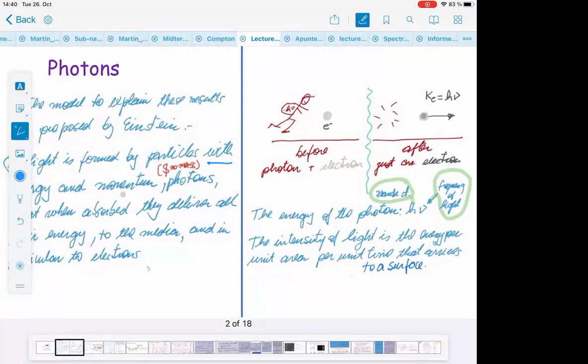Okay. So this is the particle, the electron, that absorbs all the energy provided by the photon. And in the next picture, the photon is gone. So it disappears, and all the energy that the photon is carrying in the backpack is given to the electron that carries away the kinetic energy equal to h nu.